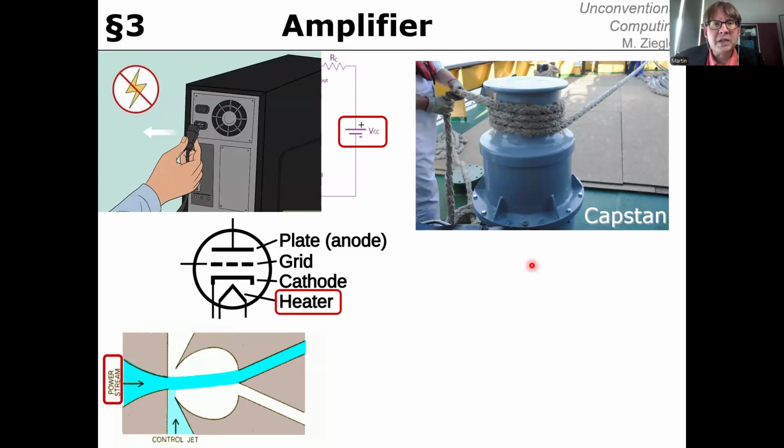And here's a device that people use on ships all the time. It's called a capstan. So this capstan is rotated by a powerful motor, not necessarily fast, but very powerful. And thus it can pull with very strong force, although the operator doesn't need to pull very strongly. Now, this is not to be confused with a winch.